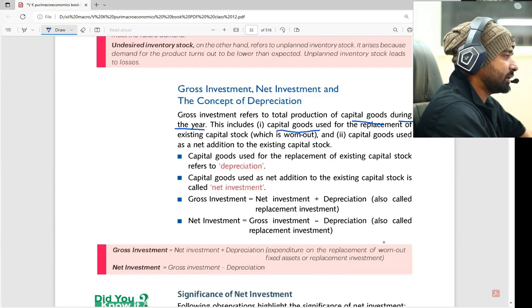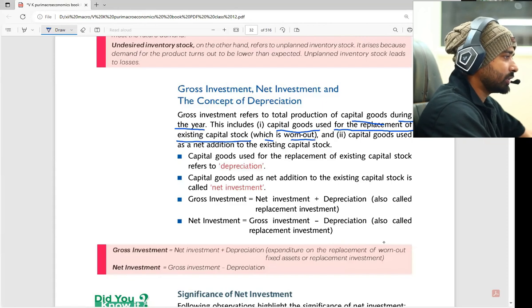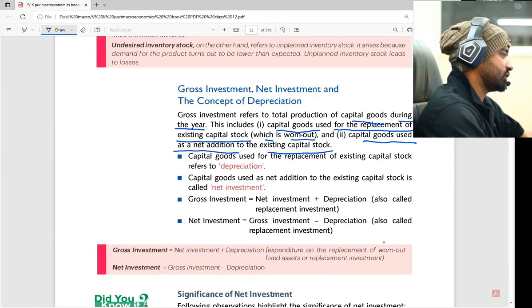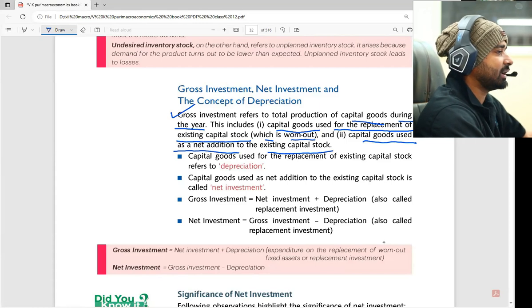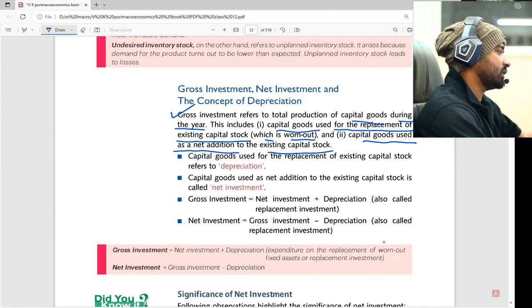It includes, one, capital goods used for the replacement of existing capital stock, and two, capital goods used as a net addition to the existing capital stock. That is also combinedly known as gross investment. Indirectly, all total investment, whether the replacement one or the newly purchased one, all combinedly is known as gross investment.